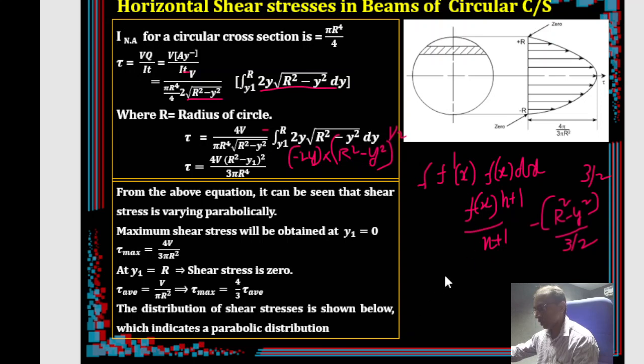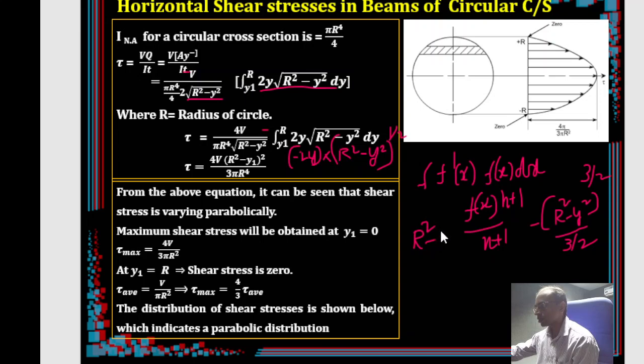So it will be converted into r square minus, because it is 3 by 2, when this term goes to the numerator, 3 by 2 minus 1 by 2. So it's just like x to the power n by x to the power m becomes x to the power n minus m, right? Same way 3 by 2 minus 1 by 2.